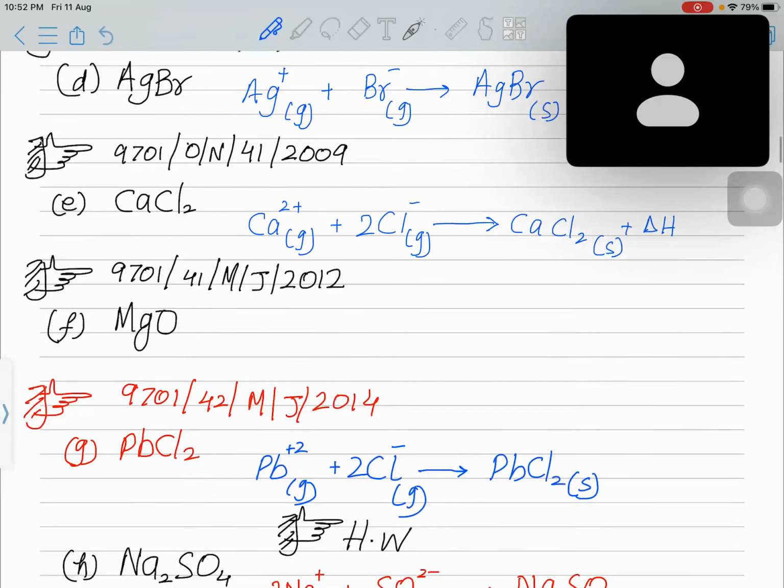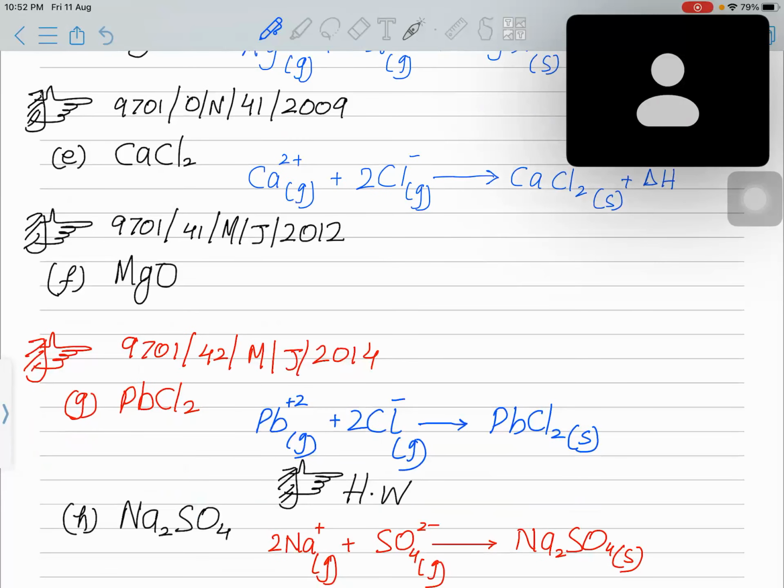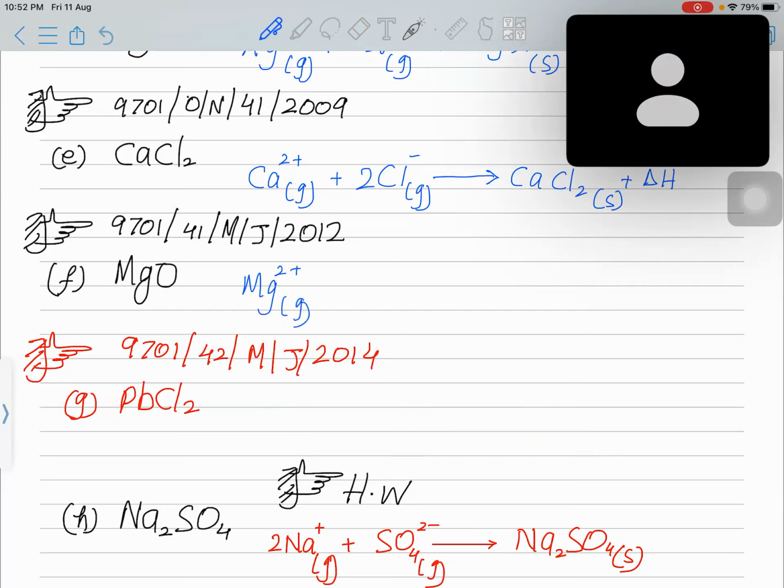Now, can you solve for MgO? Sir, Mg2+ gaseous plus O2- gaseous gives MgO solid plus energy.